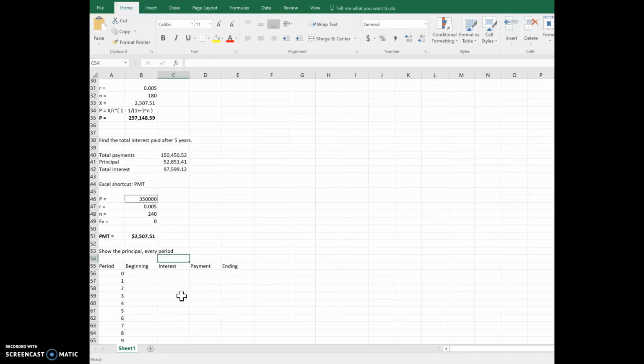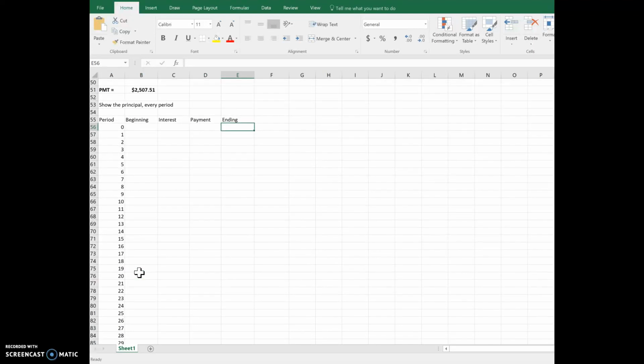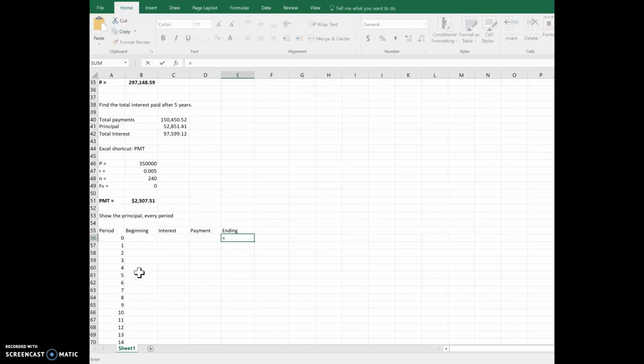So we can also make a table on the life of the loan. Initially the loan is $350,000, so that's the beginning balance in period 1, and for this period we're going to pay an interest of 0.5%. The payment is constant at $2,500.